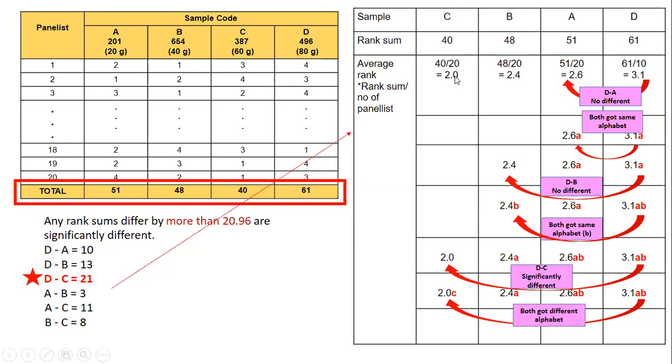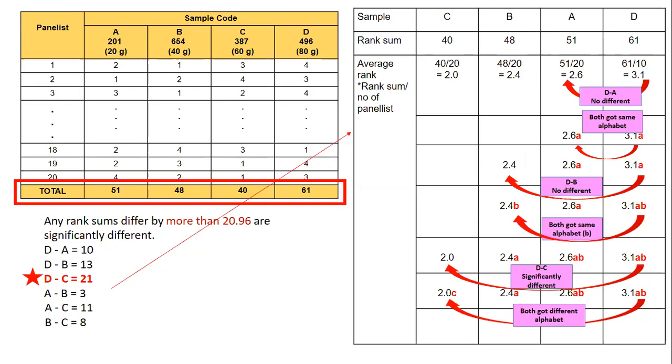Firstly, the mean values here, and then you compare one by one. Between D and A, no significant difference, right? So what to do? If there is no significant difference, you give the same alphabet.